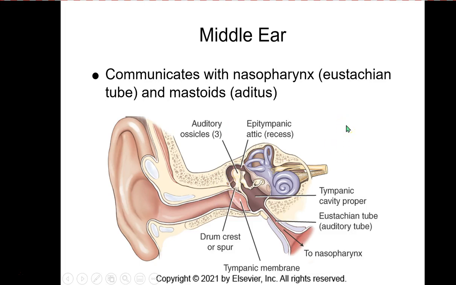The drum crest or spur separates the EAM from the epitympanic recess. The tympanic cavity communicates anteriorly with the nasopharynx, and you can see that here, by way of the eustachian tube or the auditory tube. So let's talk about that eustachian tube in a little more detail.